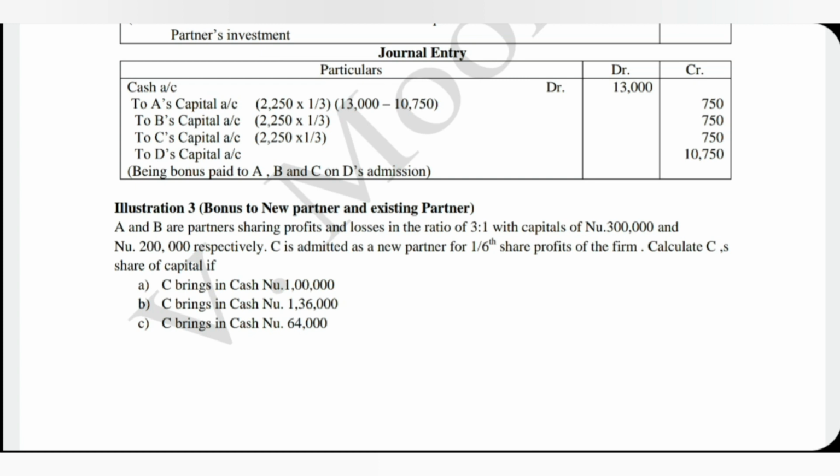So you can calculate it and see whether the capital is equal to the investment, or whether the new partner's capital is greater than the investment or less than the investment. I have calculated and shown below. You can refer to it after calculating by yourself.